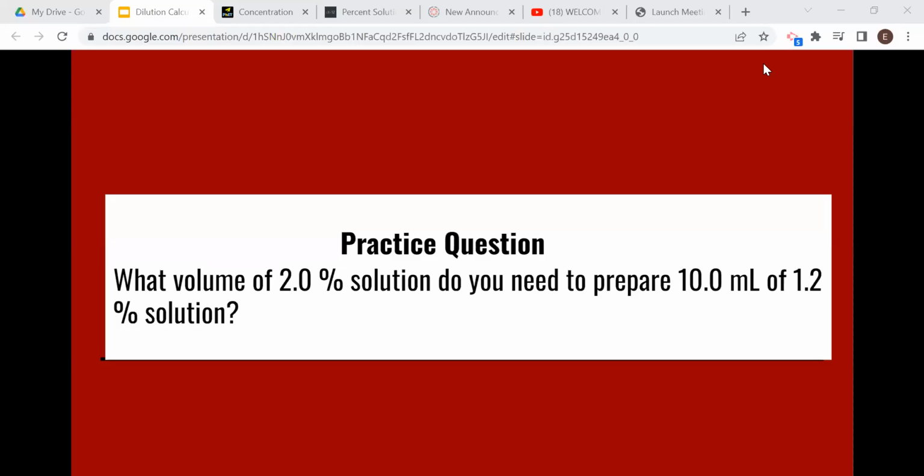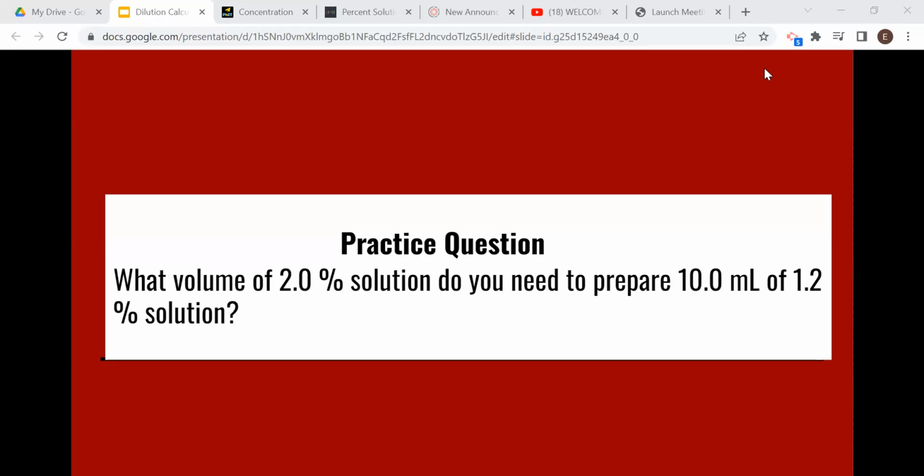Pause the video and try this. What volume of 2.0% solution do you need to prepare 10.0 ml of 1.2% solution? We know another way of expressing concentration is percent.